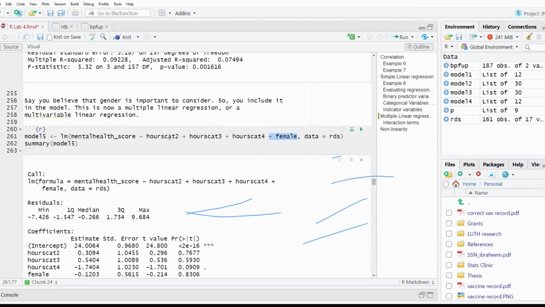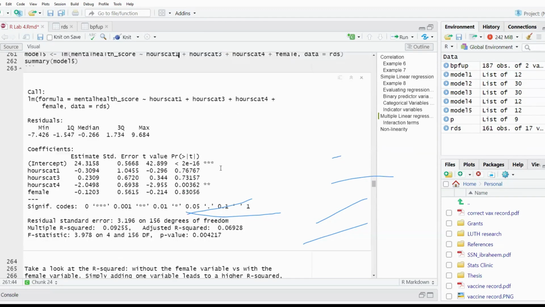You can't just compare the hours worked to the mental score if there's a relationship between female and the hours worked and between female and the mental health score, which makes female a confounder. Somebody might say maybe all the relationship you're seeing is because of the confounder. So you decide, let's adjust for gender.